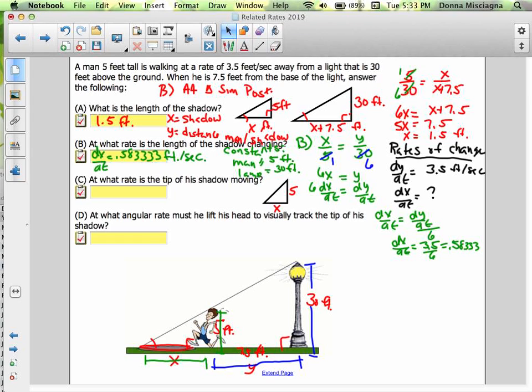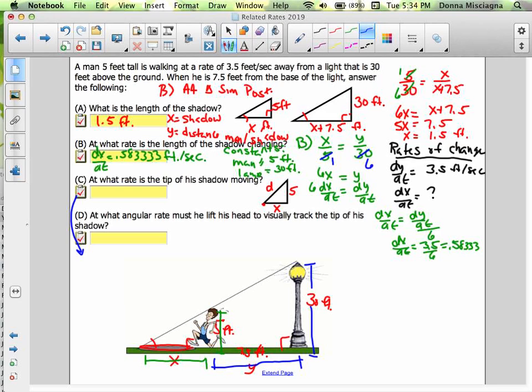All right, we also have this distance here that's changing. So when we're looking at the tip of the shadow changing, I'll put C right here. And I'm going to try to color code, so I'm going to write in blue, because I haven't used blue yet.